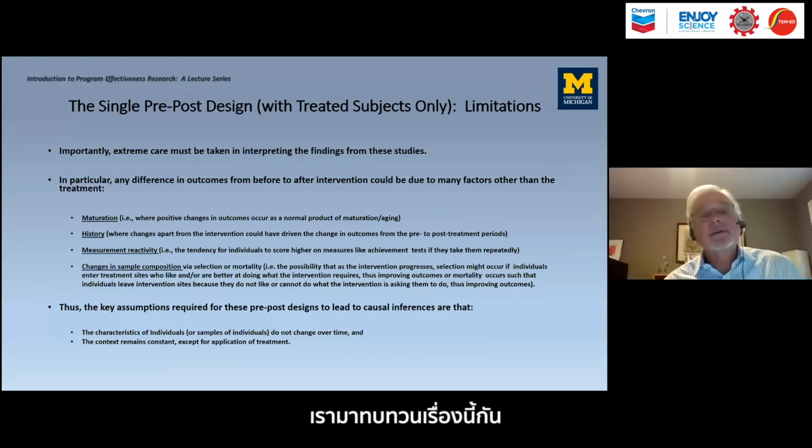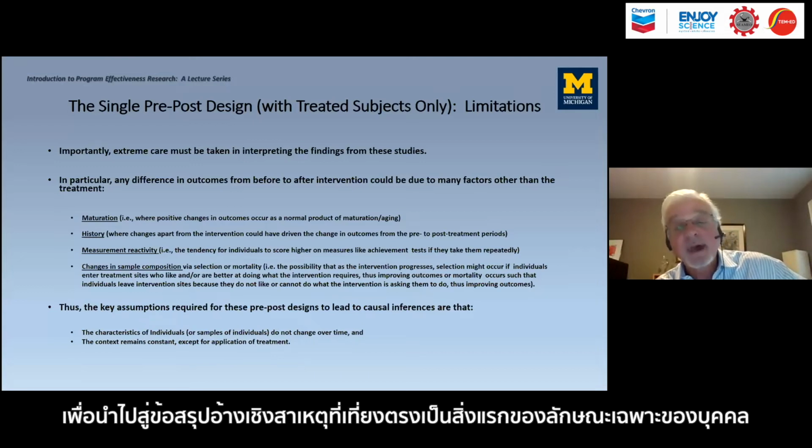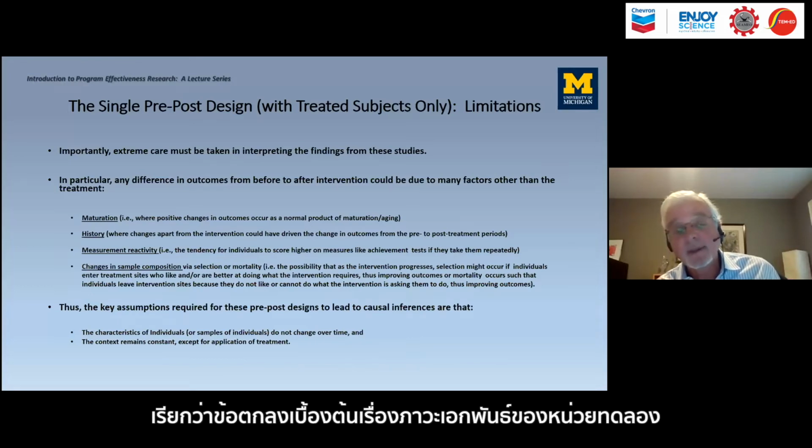So let's just go through this. The key assumptions required for pre-post designs to lead to valid causal inferences are, first of all, that the characteristics of individuals or samples of individuals being observed do not change over time. That's called the unit homogeneity assumption.